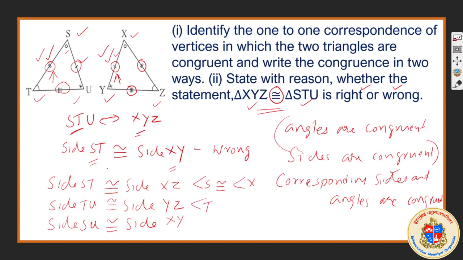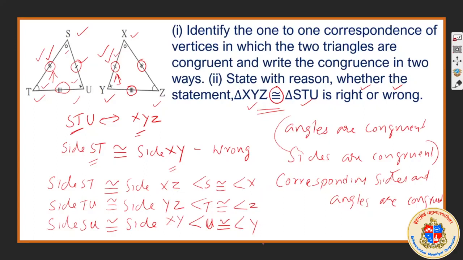Angle T is congruent to angle Z, right? And angle U is congruent to angle Y. So if you are writing the order STU, then you should write not XYZ but XZY.